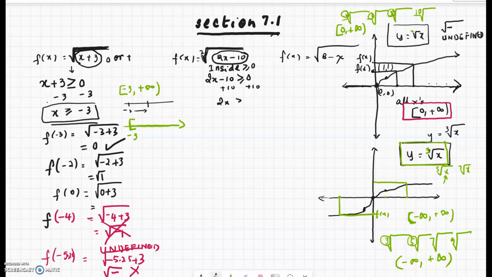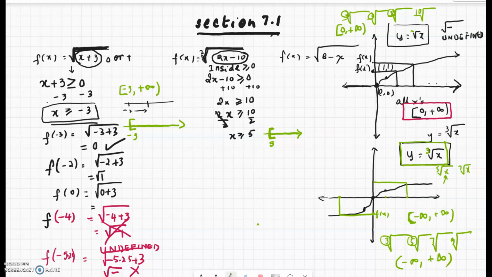So you have 2x is greater than or equal to 10. When I divide both sides by 2, I get x greater than or equal to 5. What does this mean? I'm allowed to plug into this function any number greater than or equal to 5. So on the number line, if this is a 5, I can plug in a 5 and anything to the right of it.